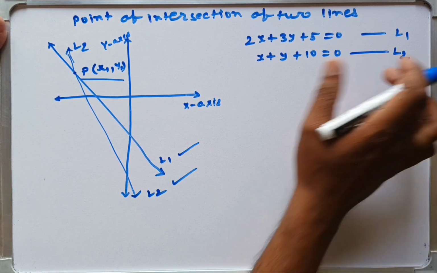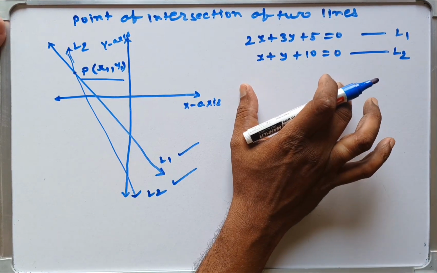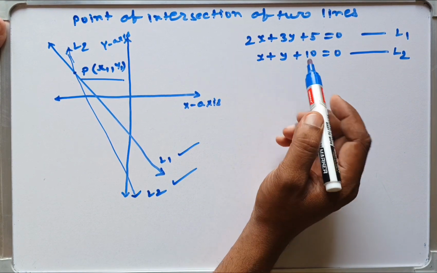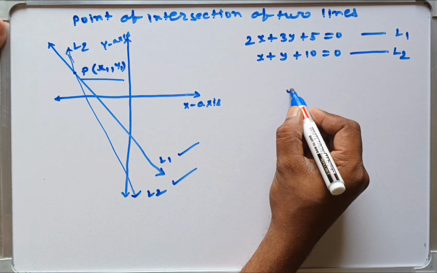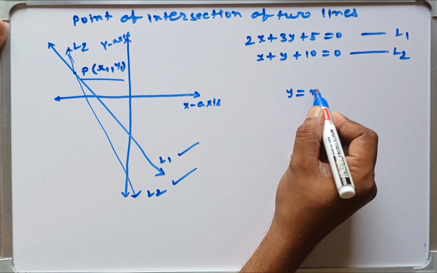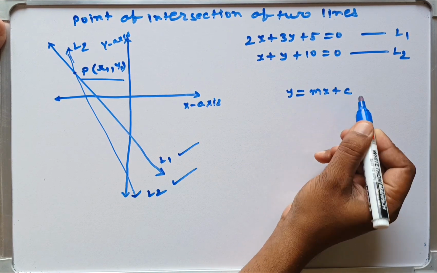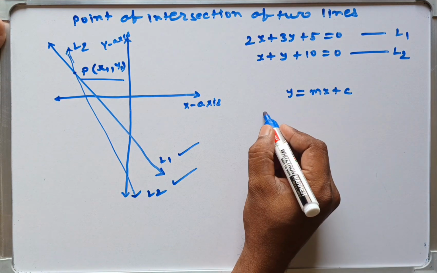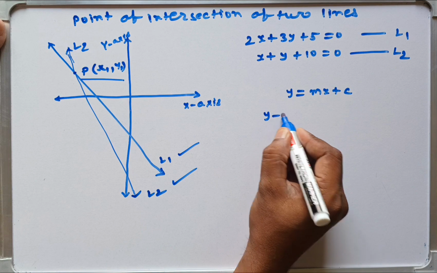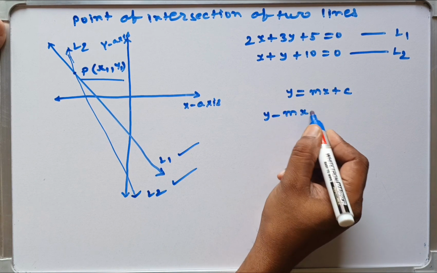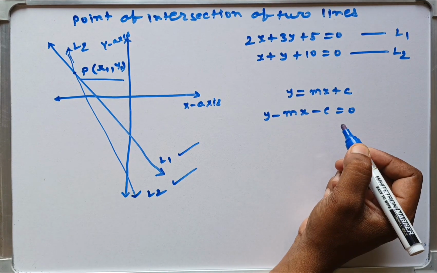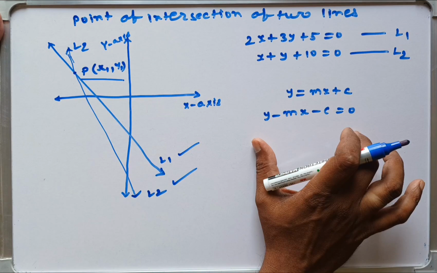Don't get confused when the equation of a line is given in this form. As you know, y equal to mx plus c is the general equation of a straight line. If we write y minus mx minus c equal to 0, this is also an equation of a straight line.